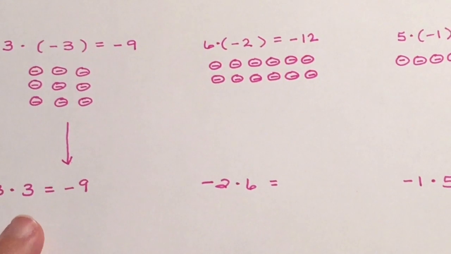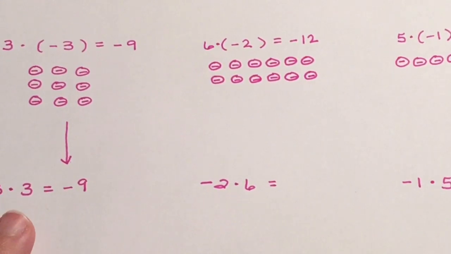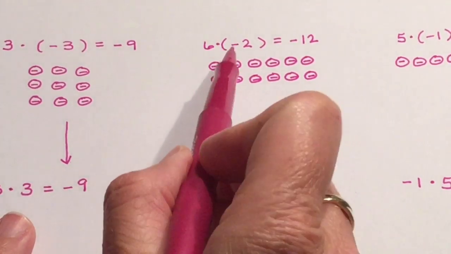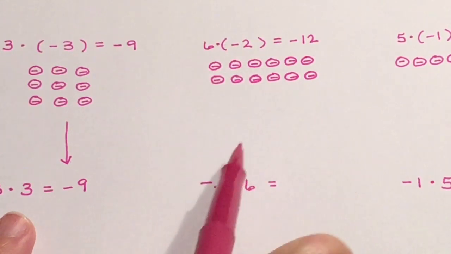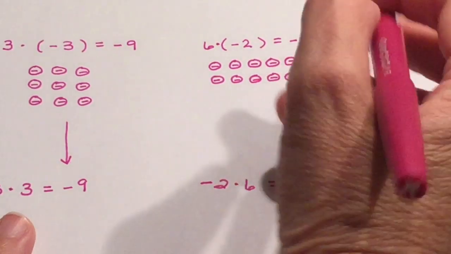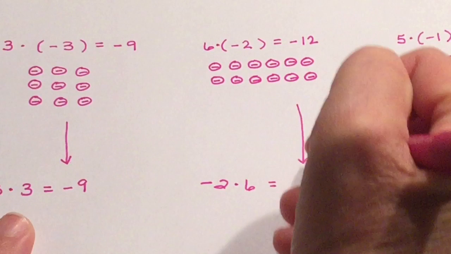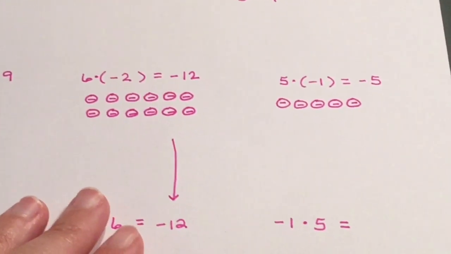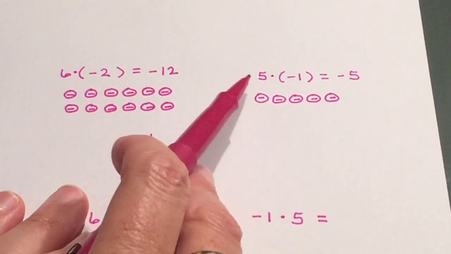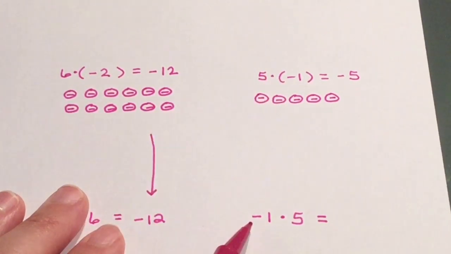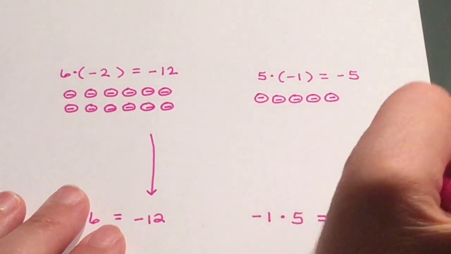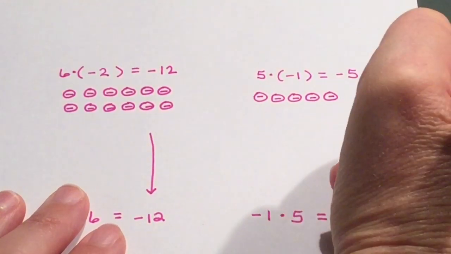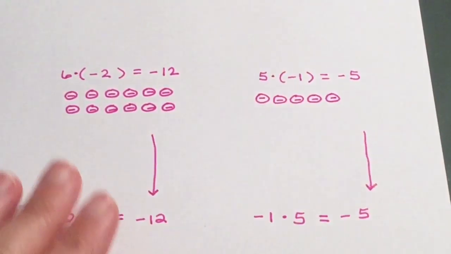Well, on my 6 times negative 2, giving me negative 12, if I switch the 2 numbers around, I have negative 2 times 6. I still have to end up with the same answer, which is negative 12. And then on the last example here, if I switch the 5 and the negative 1 and do negative 1 times 5, I still have to end up with the same answer there.